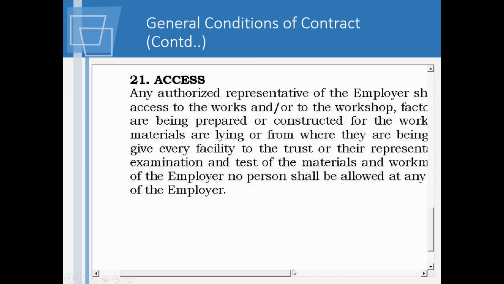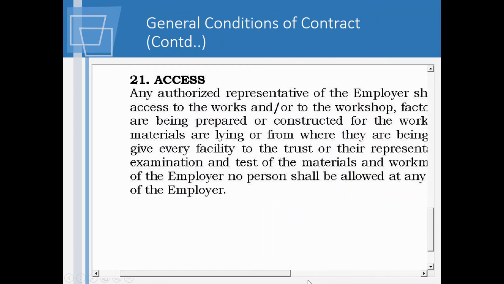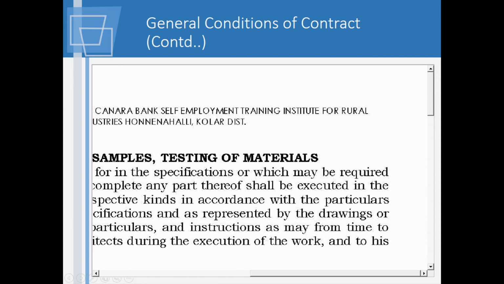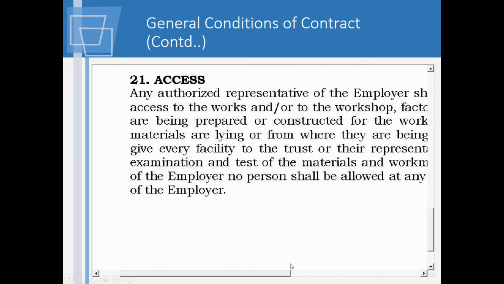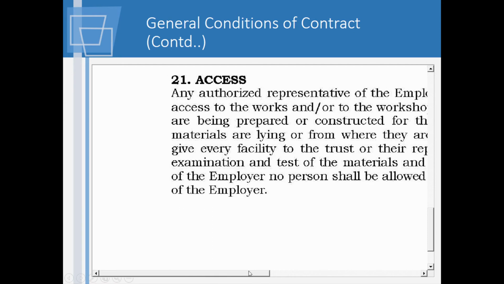Now here is something which we can have a look at. This is that access. What is this access we are talking about? It means that the contractor will have free right to go in and out, subject to certain limitations. Look at the word: any authorized representative of the contractor. Here, employers shall at all reasonable times have free access to the works.